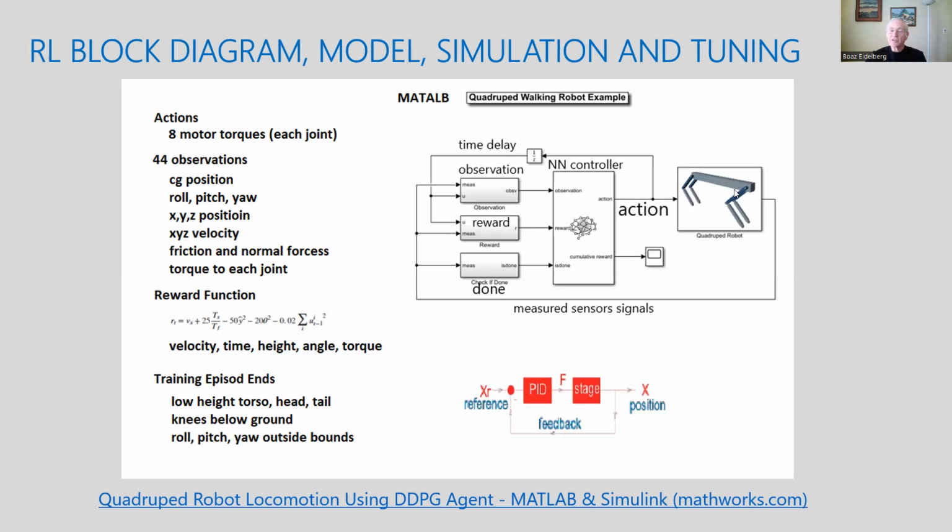But if the height is getting low, then the reward is negative. It's like a penalty. And if the angle is disturbed, then there is a penalty on the angle. And if there is too much torque in order to make the motion, that is also a penalty. So this is the reward function.